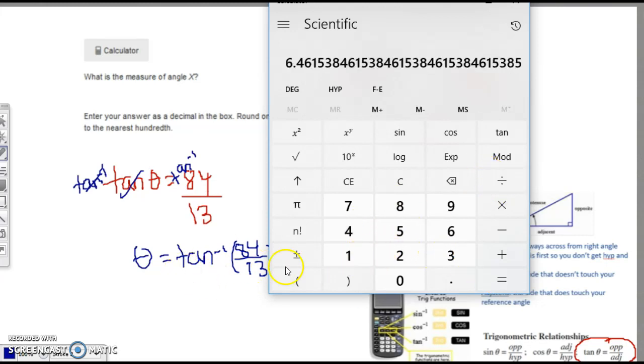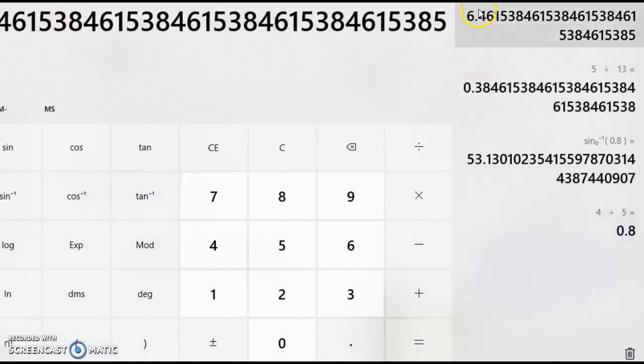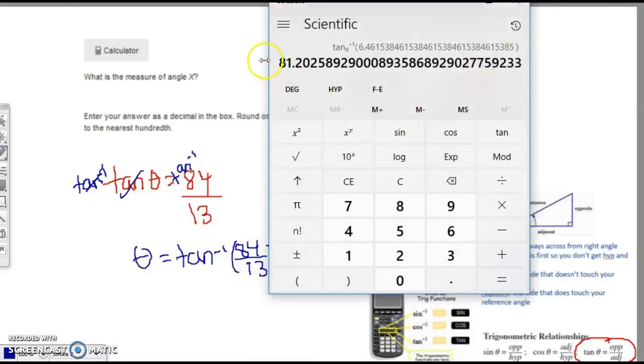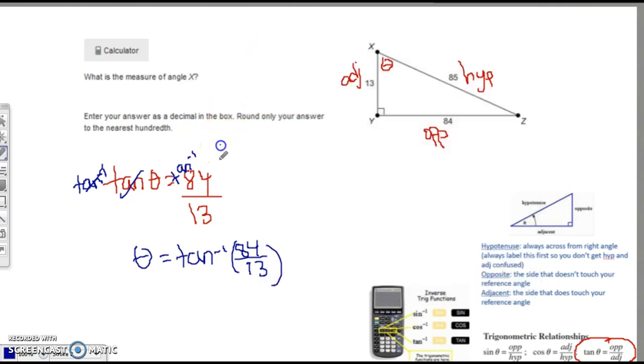And then I need to hit inverse tangent. And remember, you have to make it full screen in order to see that. So here's my inverse tangent. And that gives me approximately 81.20 degrees. So the measure of angle X is approximately 81.20 degrees.